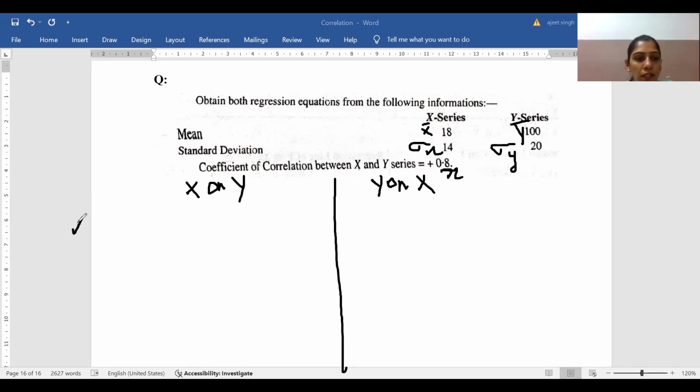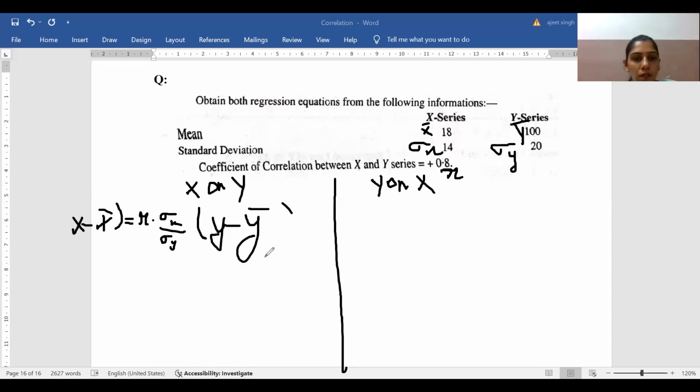So this is x minus x bar is equal to r multiplied by standard deviation of x divided by standard deviation of y, bracket y minus y bar.